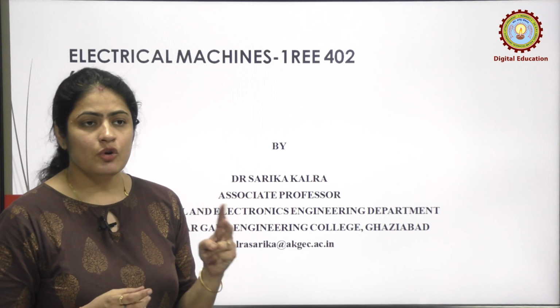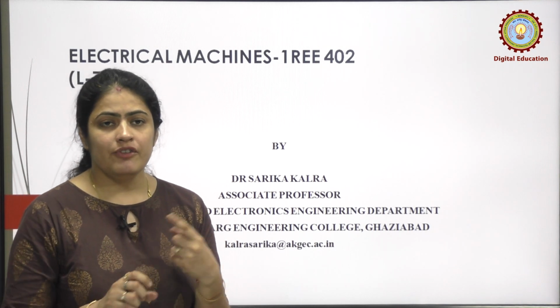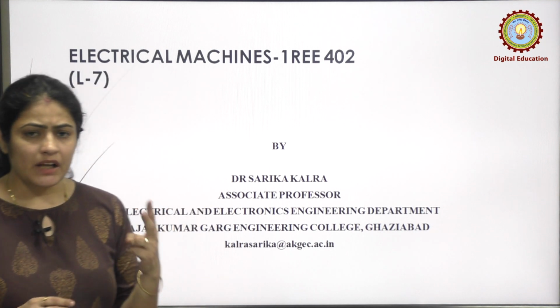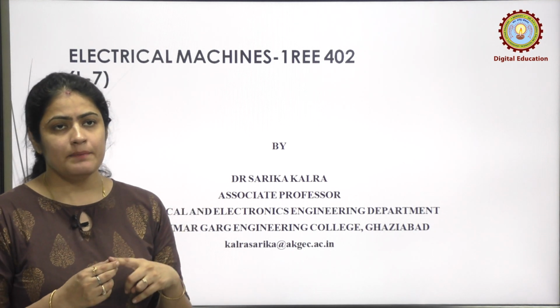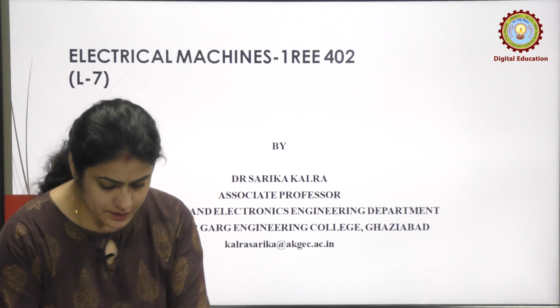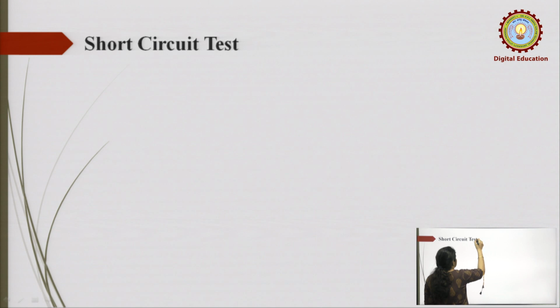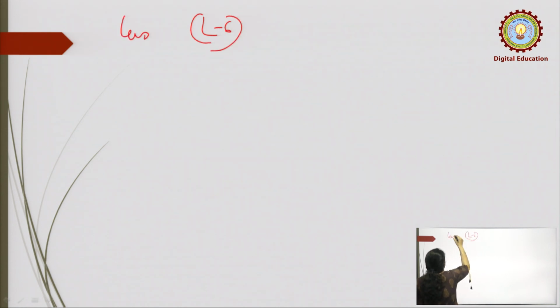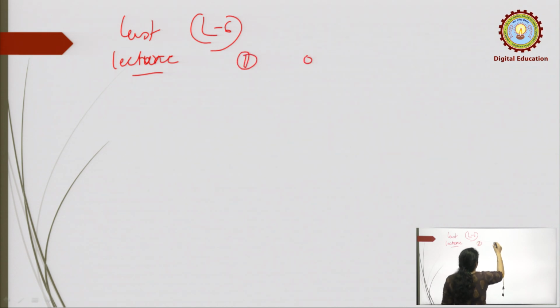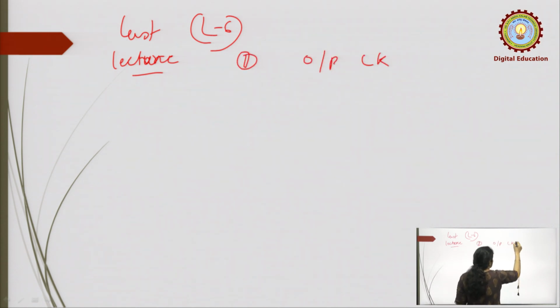So with the open circuit test, you will find two no load parameters, XM and RC. In the last lecture, lecture 6, we performed the open circuit test.